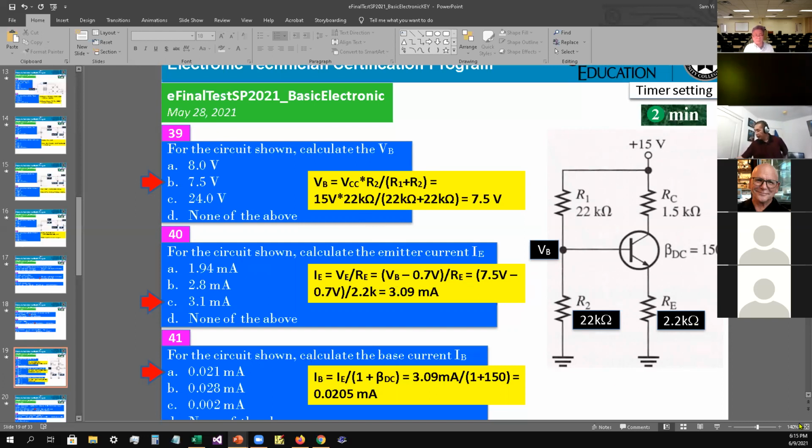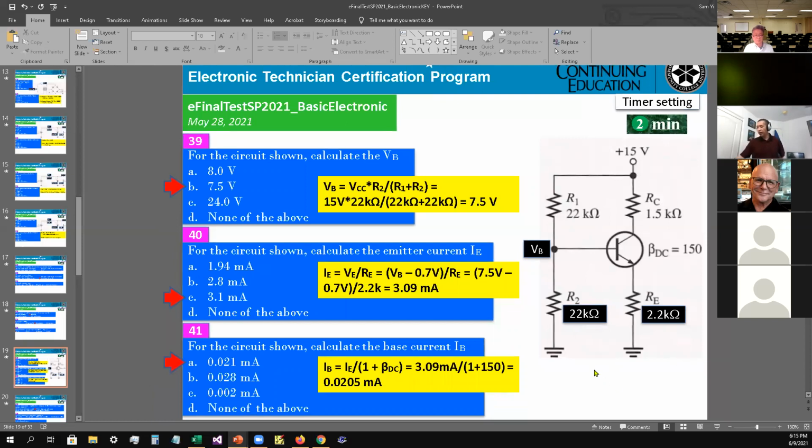41, for the circuit shown. Okay, let me see. Okay, for the circuit shown, calculate the base current IB. Okay, IB is equal to IE divided by the quantity 1 plus beta DC.